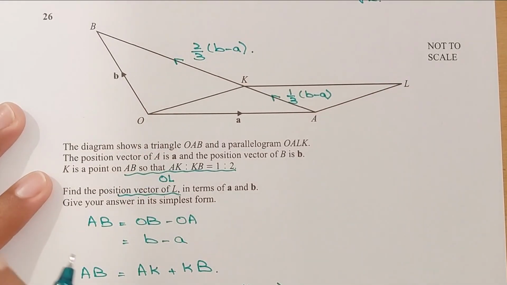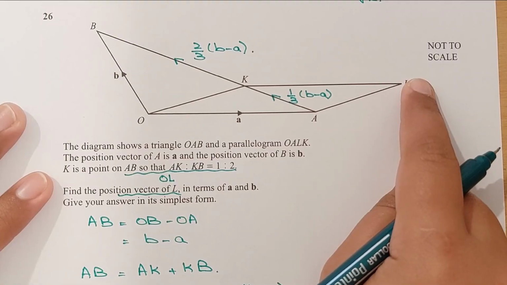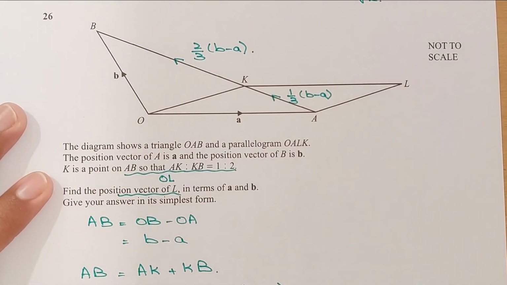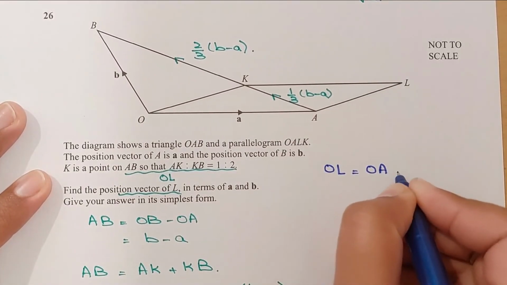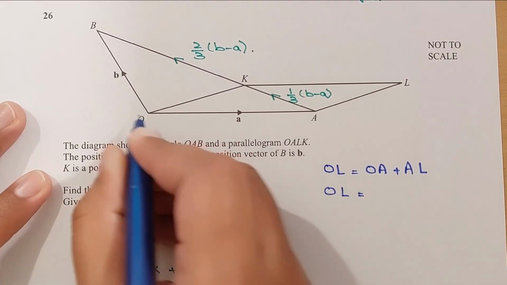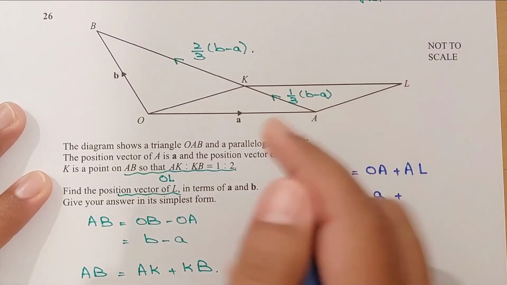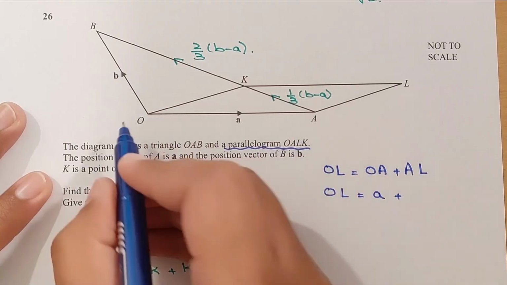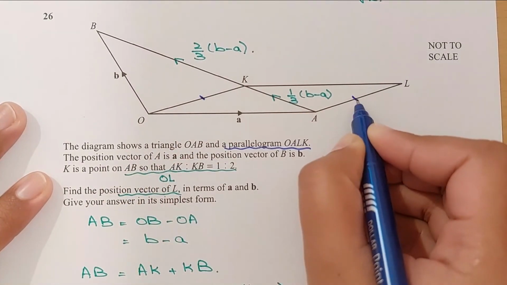Now let me find the value of OL, right? OL follows the path of O to A and A to L. So OL equals OA plus AL, where OA is vector a. Now what is AL? We have been given that OALK is a parallelogram, so it means OK and AL are the same.